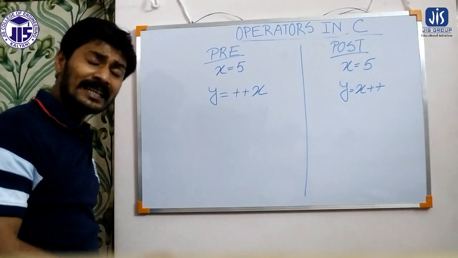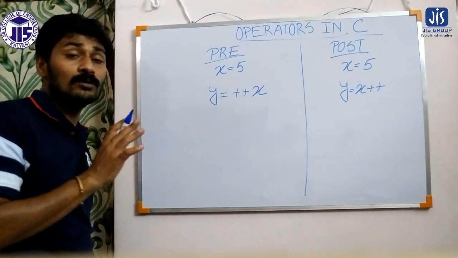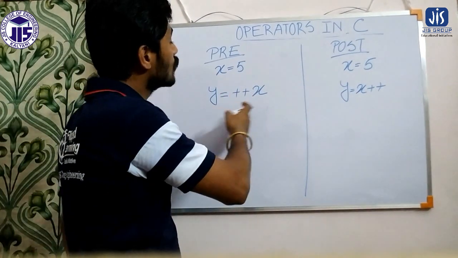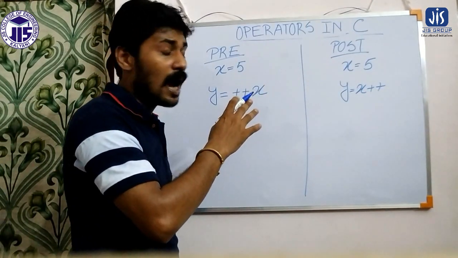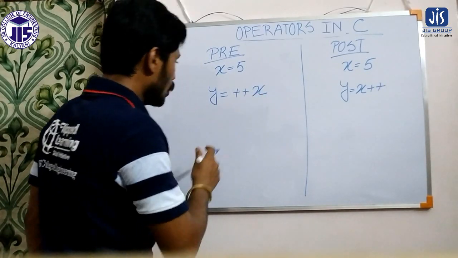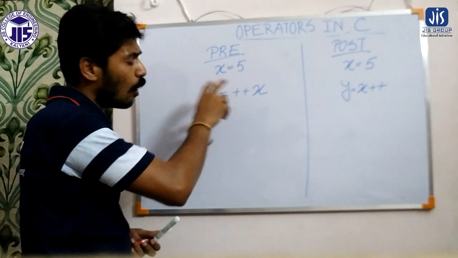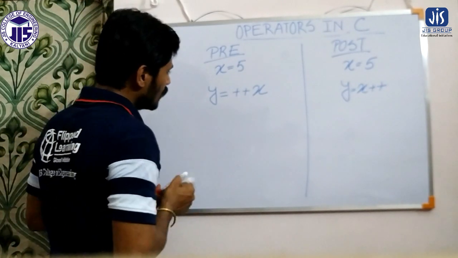That is not the only difference. The result will also be different because of how the operation is going to be performed. If you look at this operation, you can identify two operators.